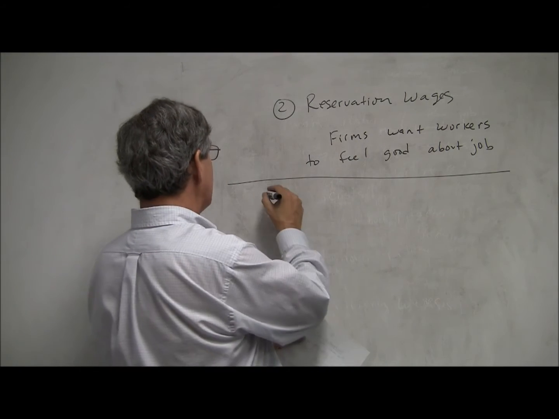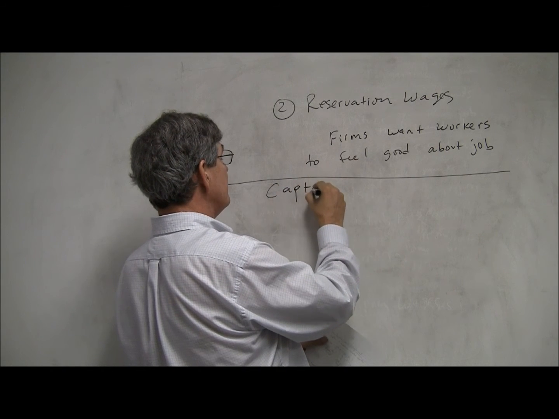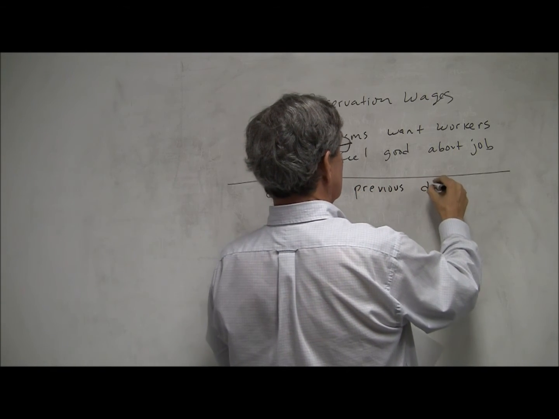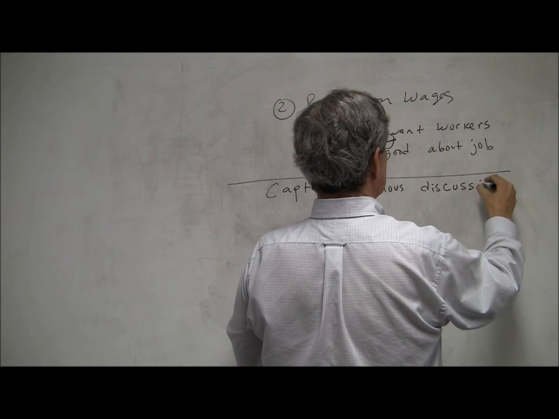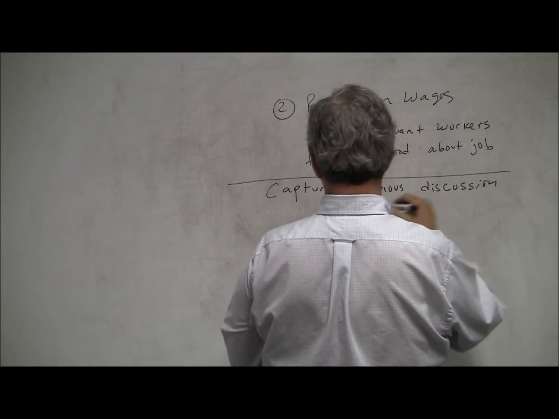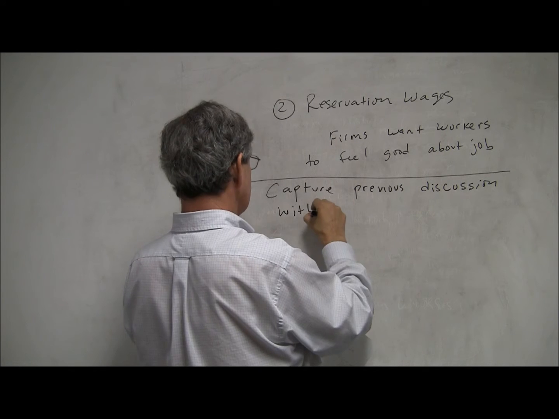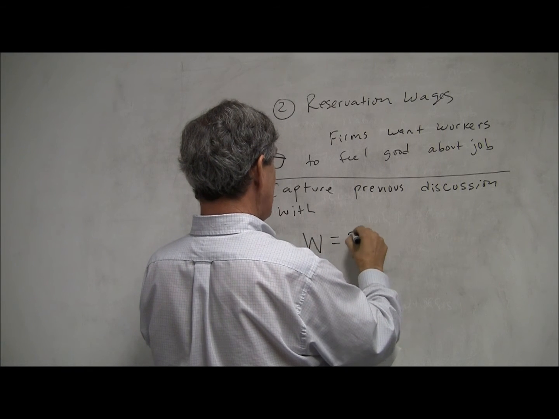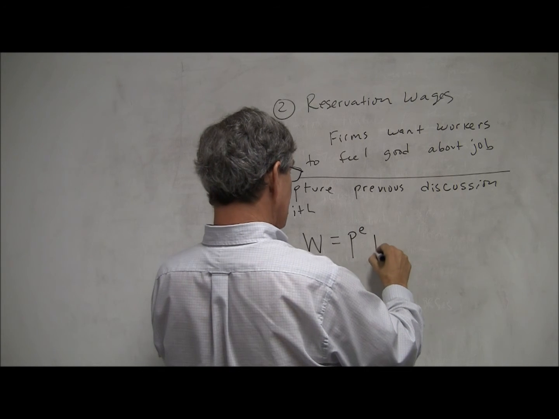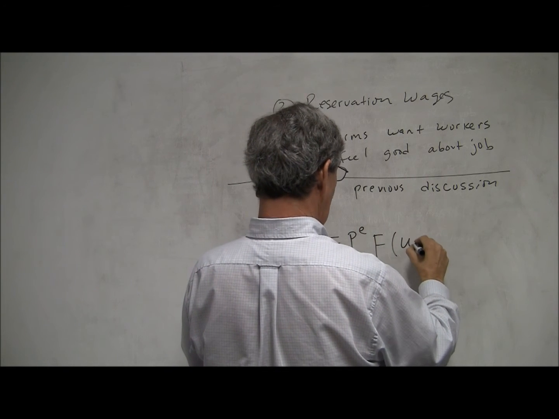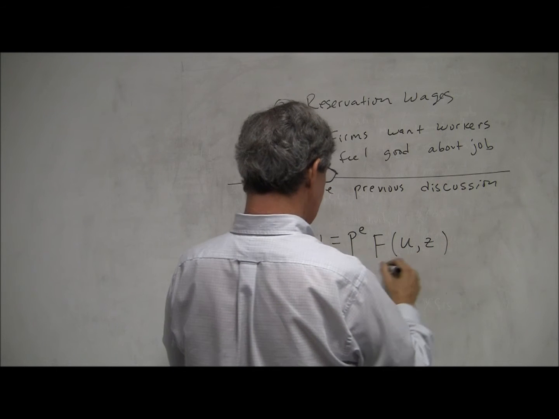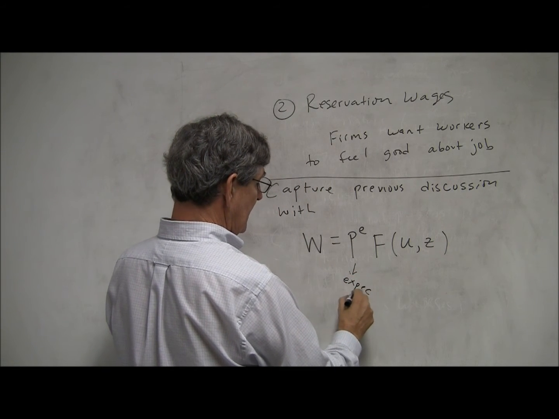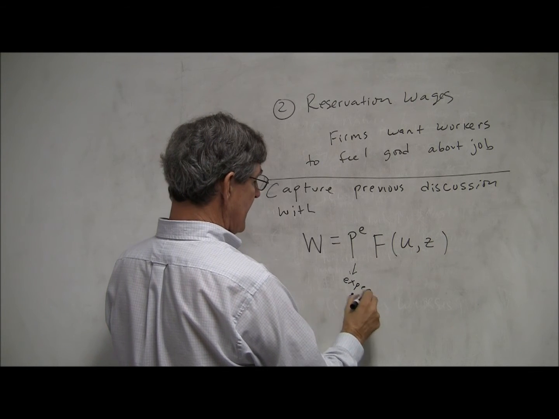Now, what we can do next is we can summarize. We're going to capture the previous discussion with an equation. The wage equals the expected price level times some function of the unemployment rate and Z. I'm going to explain each of these terms in a second.